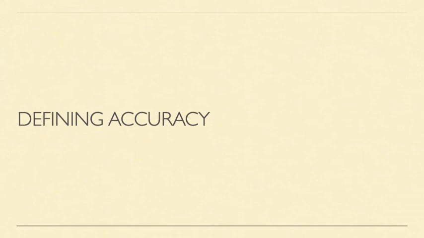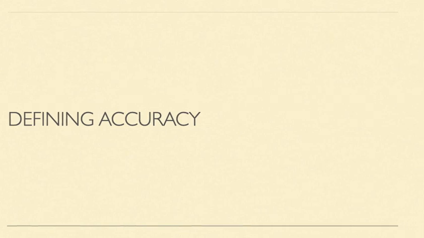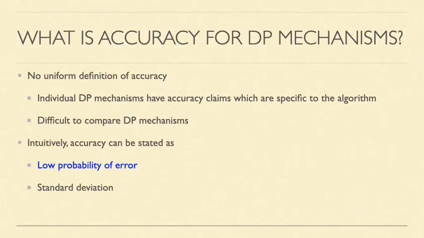So the natural question to ask is, what is accuracy? So here is where we encountered our first stumbling block, and that is, unlike differential privacy, there is no uniform definition of accuracy of differential privacy mechanisms. Instead, individual differential privacy mechanisms have accuracy claims that are specific to the mechanisms.